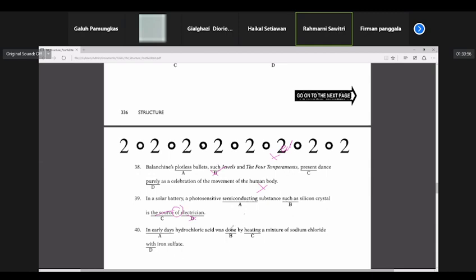Yes, that's correct, a passive form. The words swapped here are make and do. We say do research, we say make mistakes, so here we have a kind of collocation. Was made by heating refers to hydrochloric acid.